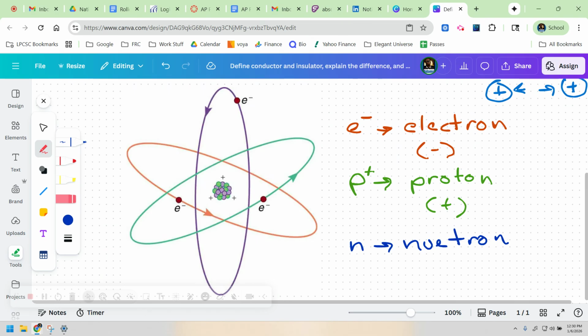So we don't care so much about the neutrons, but we're really going to focus on positive and negative charges, protons and electrons. Okay? So these things like to be balanced. The nucleus doesn't really show this, but for an atom to be what we consider balanced, you usually have the same number of protons and the same number of electrons.